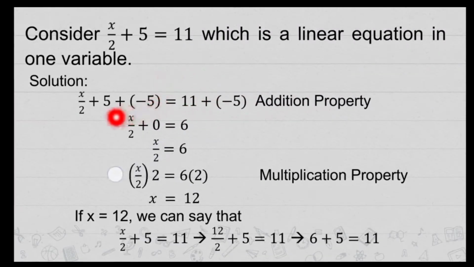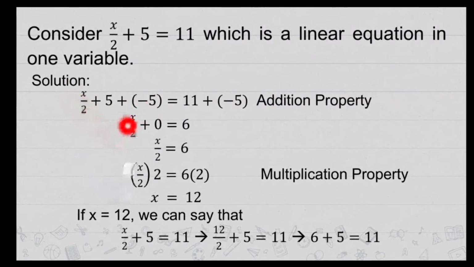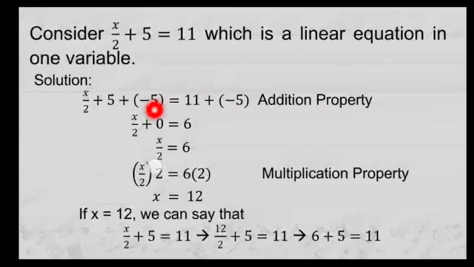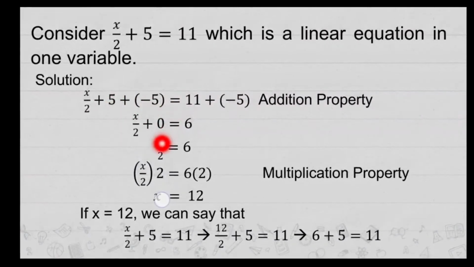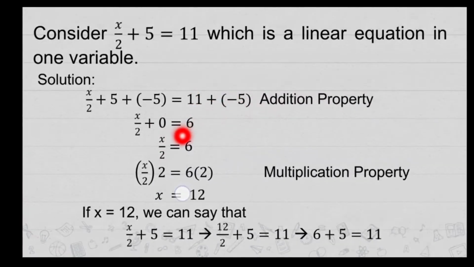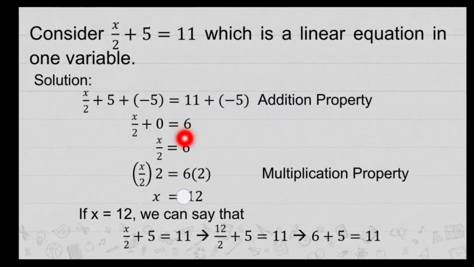So when we simplify this, x/2, then add positive 5 and negative 5, that is equal to 0. So 0 is equal to 11 + (-5), which is positive 6. Different signs, subtract, then keep the sign of the higher number, positive 6.